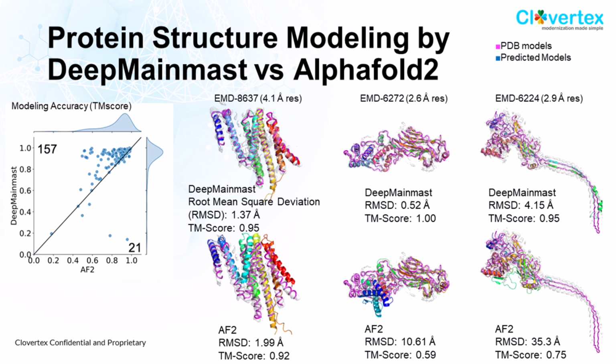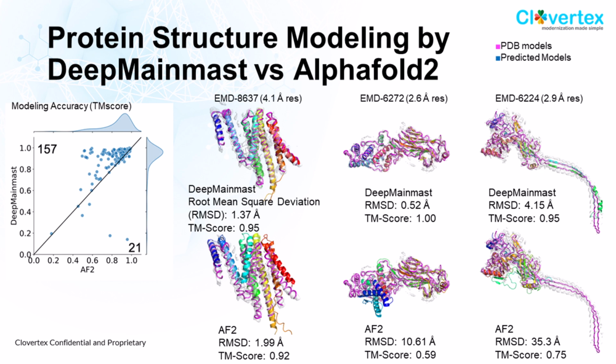So okay, the bottom part is AlphaFold 2. What you see is that in AlphaFold 2, although the individual protein domains are well modeled, actually, typical on the left, the alpha helices in the AlphaFold 2 model on the bottom are slightly tilted, which does not fit the density. But our method, DeepMainmast, is tracing the density, and that's why the alpha helices are very nicely fitted in the map.